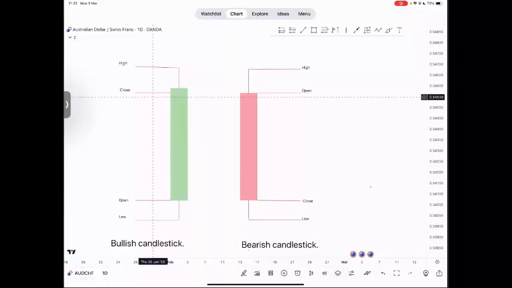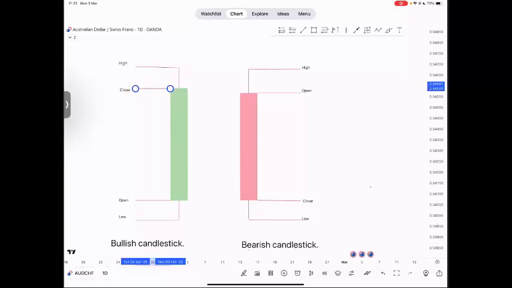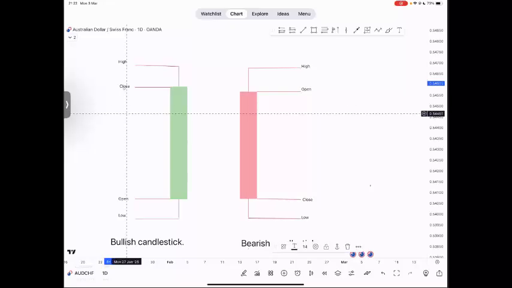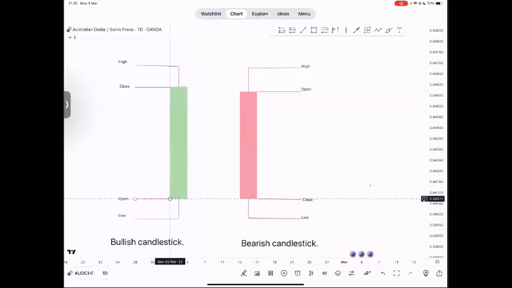Remember, the bullish candlesticks, what did I say about them? I said that they actually close above their opening prices. The bearish candlestick does what? Closes below the opening price. This is the opening price of a bullish candlestick. This is the low, and finally it got to this high, and this is the close, right?